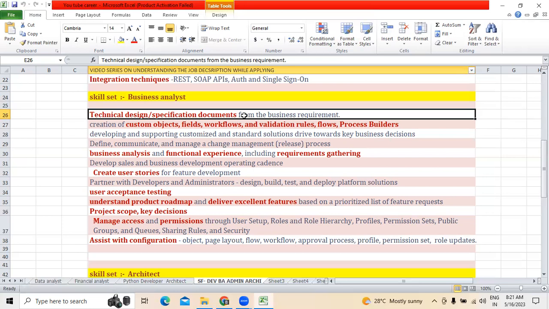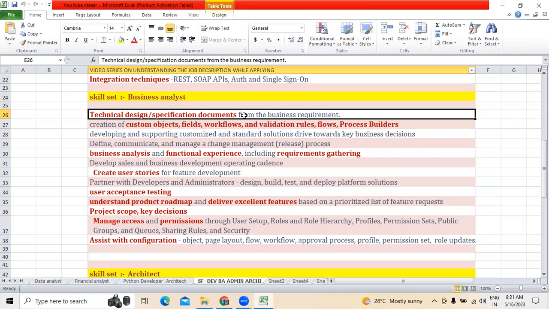So whatever the position in reference to Salesforce admin job profiles and descriptions, as well as BA, some points, I don't say every point, some points will match. So what am I trying to say? A person applying for Salesforce BA opportunities, please don't be confused. You may not be required to learn Apex coding, all that.